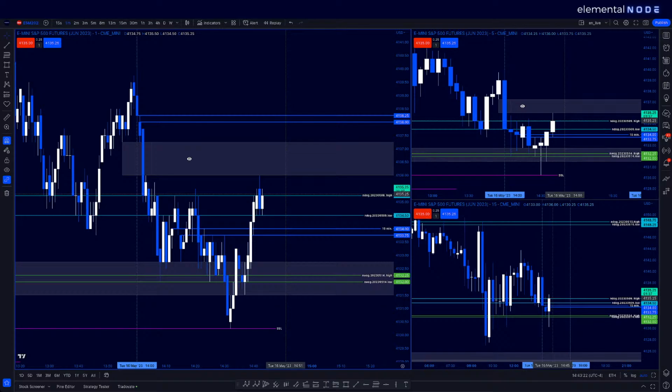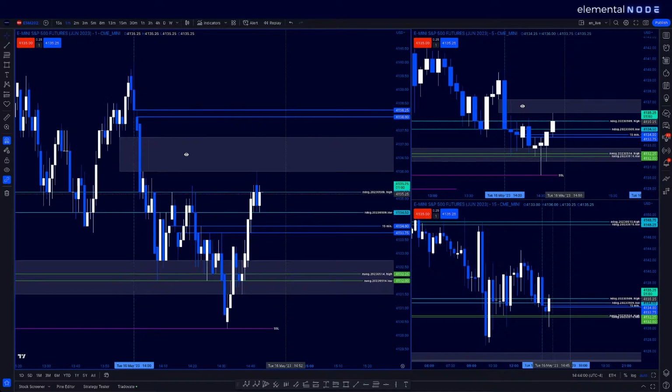Or is it just trapping longs? We're currently inside of the new day opening gap.